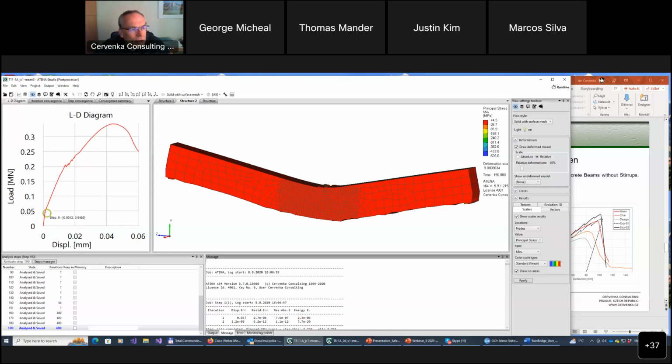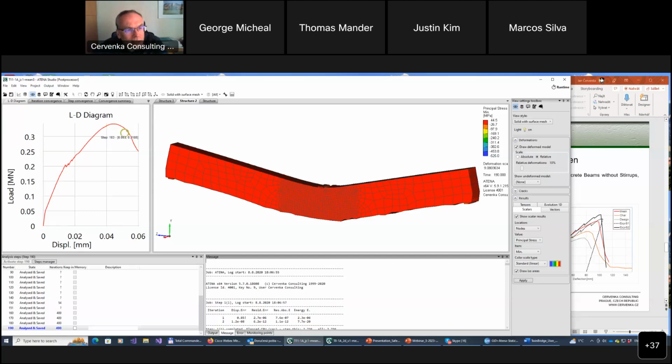And you see first there is elastic behavior, then we see some nonlinear effects up to the peak, and then we go to post-peak. Because in this example I am applying displacement, I'm moving along this axis, prescribing the displacement, and always the result on the vertical axis is the reaction, or the force necessary to create this deflection.